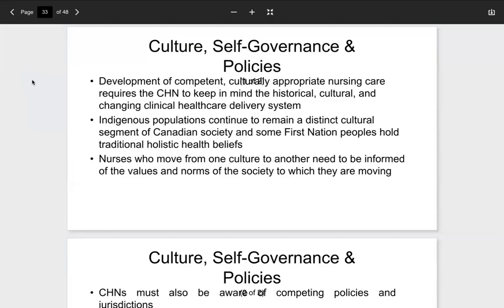How important is it for them to maintain their culture in their treatment plan, for example, or within this program that you are trying to set up as community health nurses? We need to be informed of the values and the norms that are shaping the particular Indigenous population that we're working with.